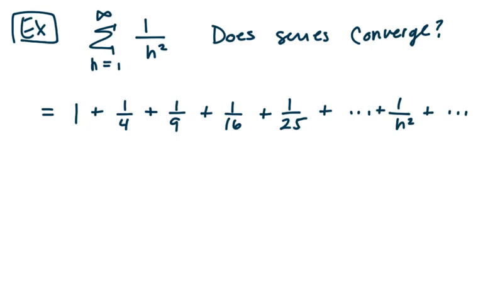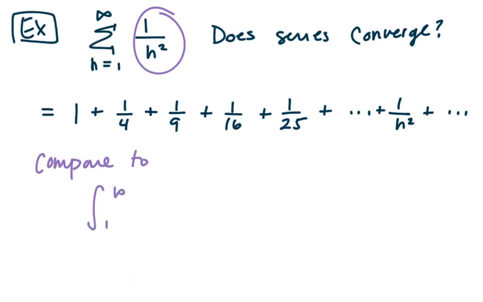So to determine its convergence, let's compare this sum to the integral, because the integral is the sum of all those rectangular areas under a curve. So we'll write this as an improper integral from 1 to infinity of 1 over x squared dx. Okay?